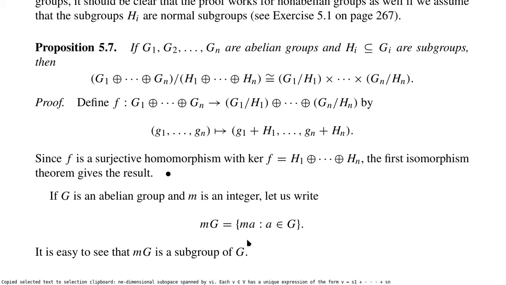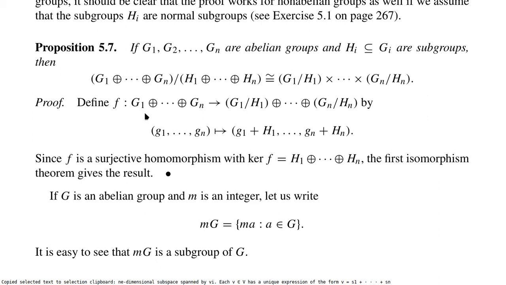This looks a lot like the Chinese remainder theorem that we saw during our ring theory lectures. But yeah, the proof is very much similar. So you define a map from the direct sum of all the abelian groups to the direct sum of all the separate quotient groups, right?